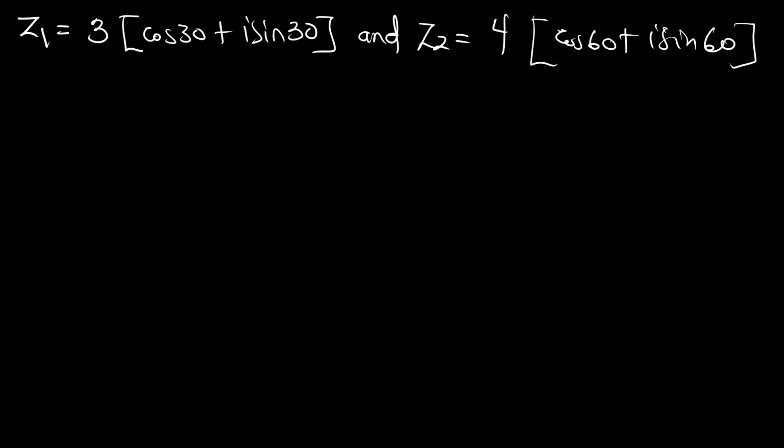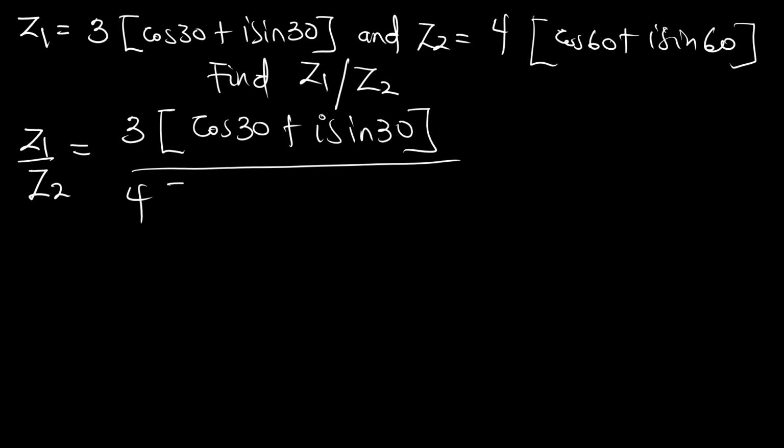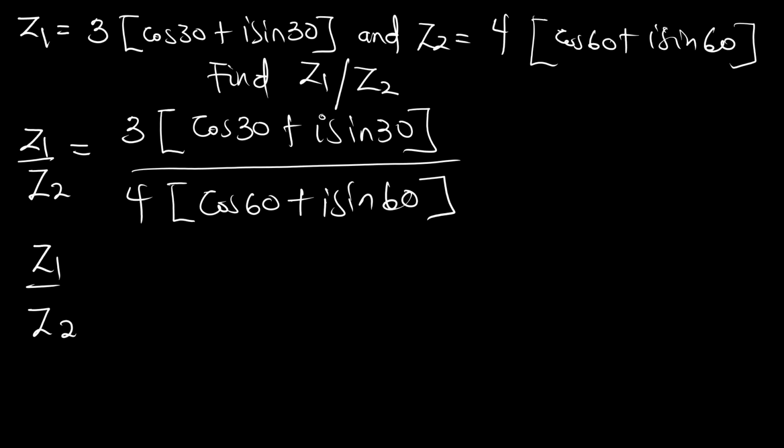So we are supposed to find z1 over z2. So z1 over z2 is going to give us 3 (cos theta plus I sine theta), where theta is 30, all over 4 (cos 60 plus I sine 60).